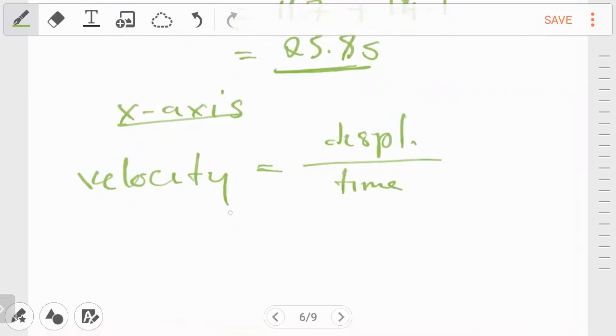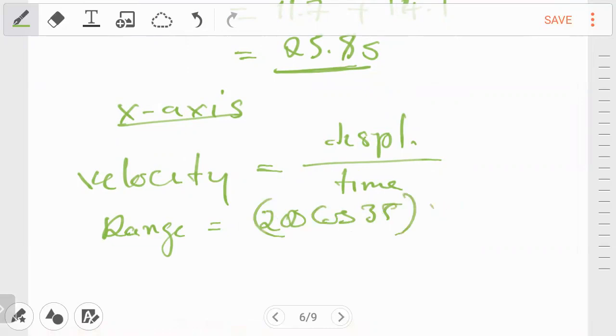So we can swap them, cross multiply here, and you get range equals the velocity in the x, that's 200 cos 35, times the total time, 25.8 seconds.